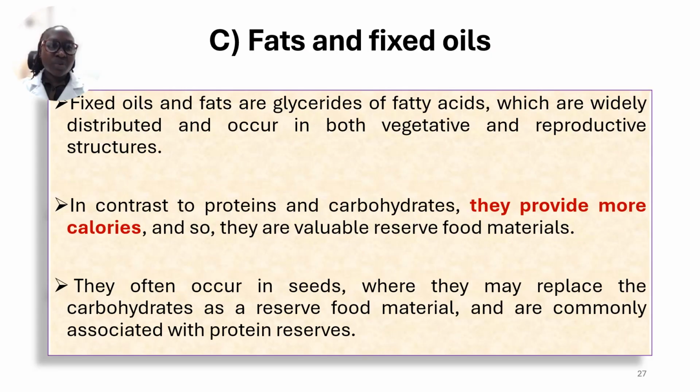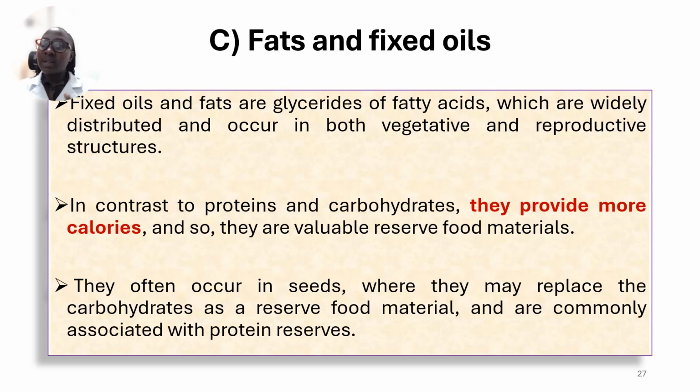Fats and fixed oils. From the biochemistry point of view, fats and oils are glycerides of fatty acids which are widely distributed and occur in both vegetative and reproductive structures of plants. In contrast to proteins and carbohydrates, these provide more calories, and so they are a valuable reserve food material, especially in hard situations.